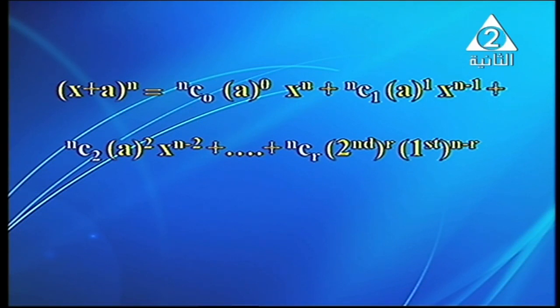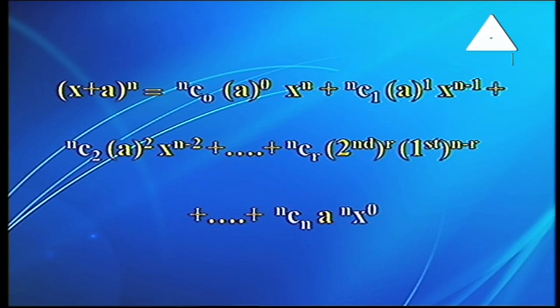X plus a for all power n means nc0, a power 0, x power n, plus nc1, a power 1, x power n minus 1, plus nc2, a power 2, x power n minus 2, plus, and so on to reach ncr, second term power r, first term power n minus r, plus ncn, a power n, x power 0.